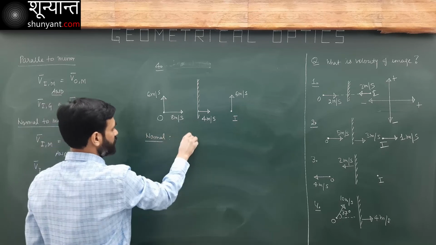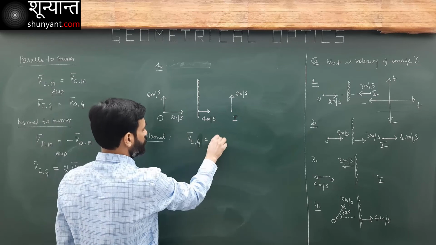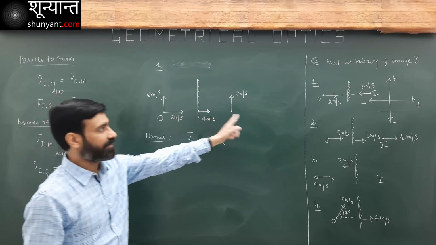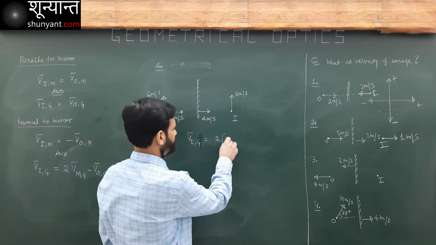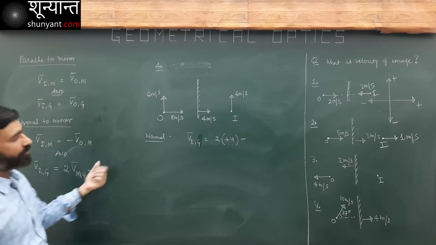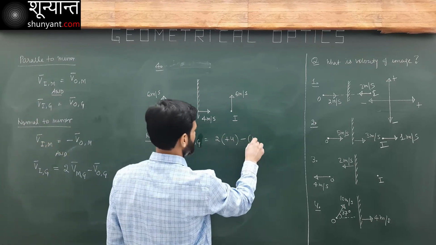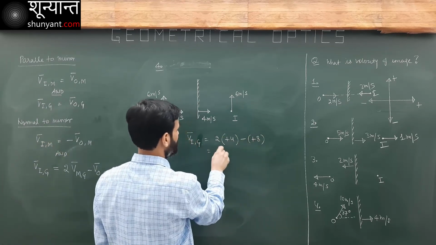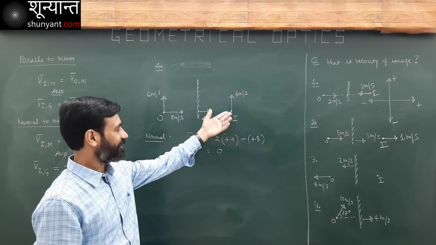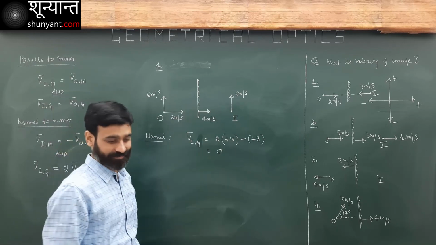Normal to mirror, velocity of image, with respect to ground, I want to find. 2 times velocity of mirror, it is towards right, towards right is positive, plus 4, minus velocity of object, which is also towards right, plus 8. That's it. It will depend on the values, it can have any value. This is how the image will move.